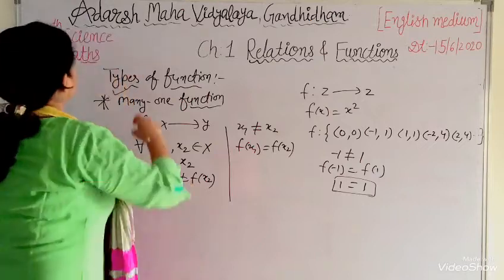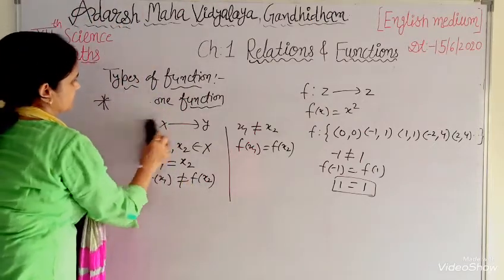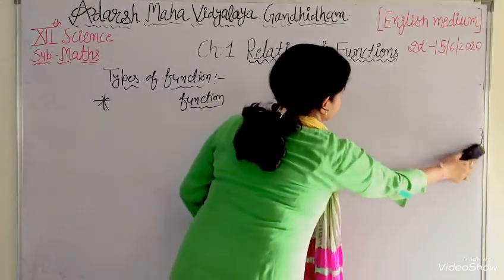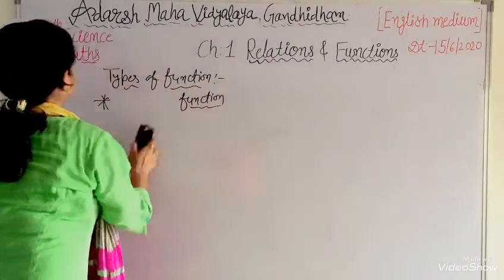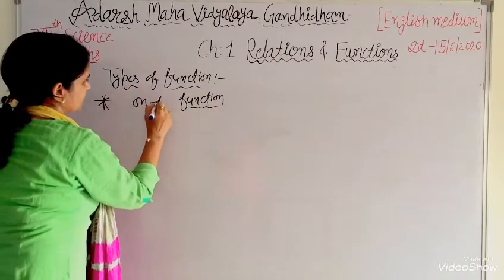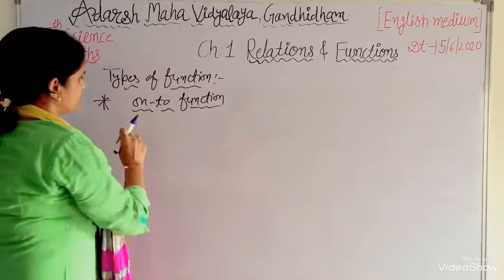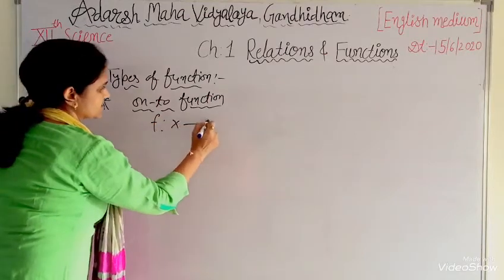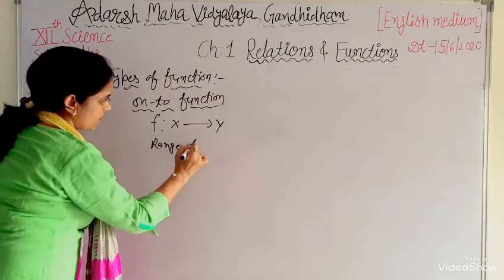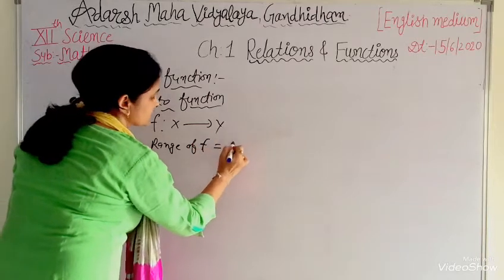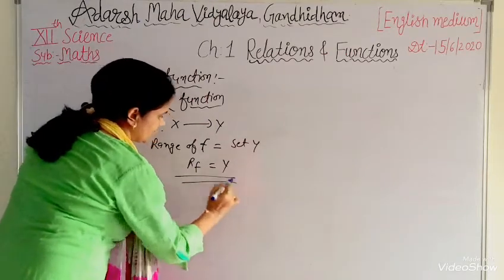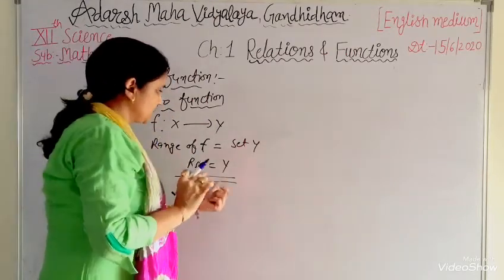Now, next is onto function. For onto function, student, if f is a function from X to Y, range of f is equal to set Y. R(f) is equal to Y. It means range is equal to codomain.